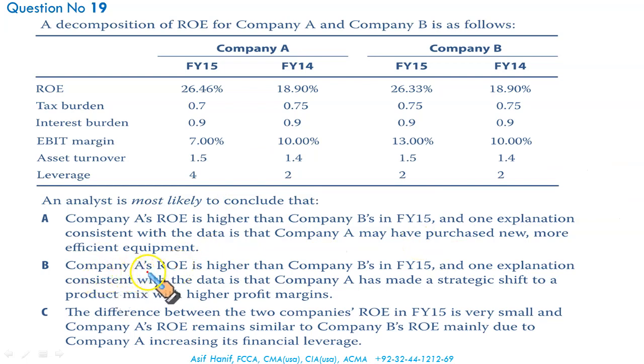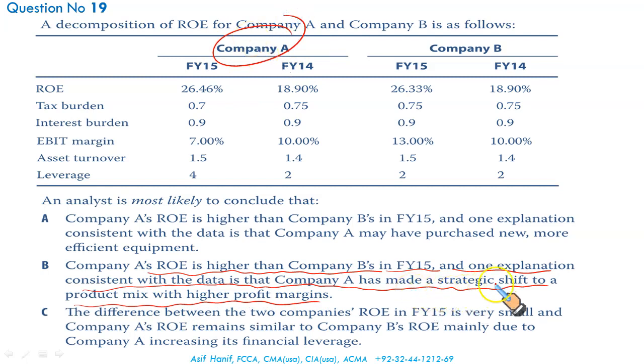B, company A's ROE is higher than company B in FY15, and one explanation consistent with the data is that company A has made a strategic shift to a product mix with higher profit margins. What is product mix? This is of course the domain of CMAs. Let's say you sell 3 products.